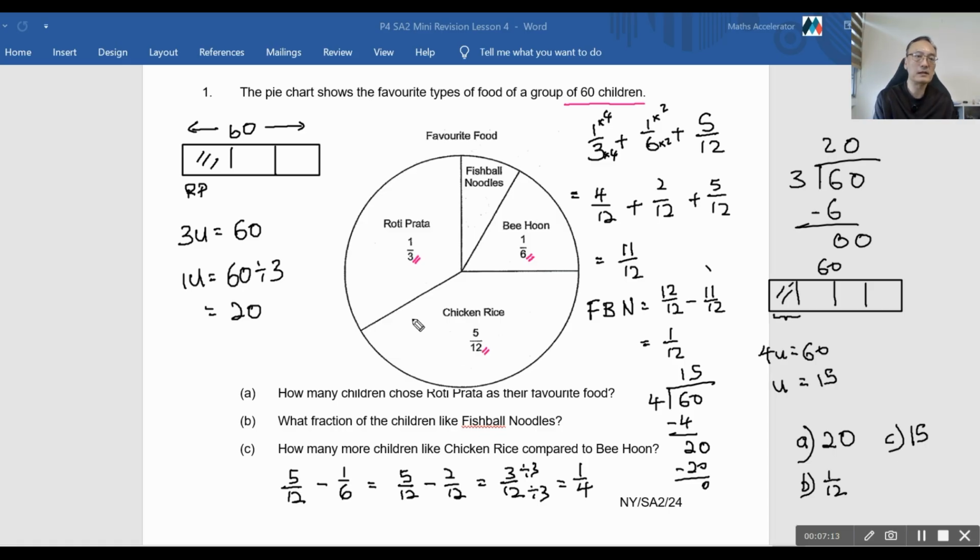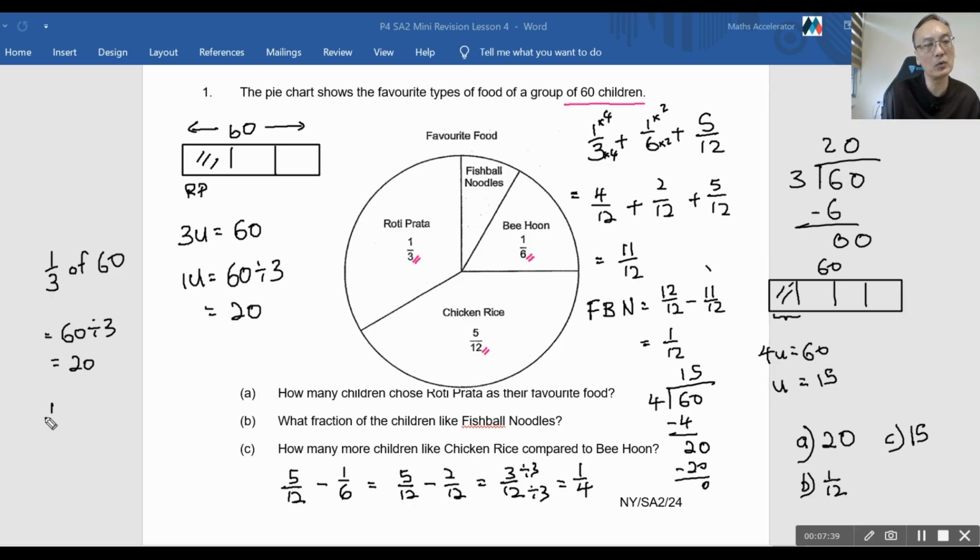Okay, is there an easier way to solve this? Okay, so here's a shortcut that I'm going to teach you. Now, remember the first part, we're supposed to find roti prata, which is 1/3. Whenever they say 1/3 of a total of 60, straight away you know that we need to take 60 divided by 3, and we will get 20. This is exactly what we do.